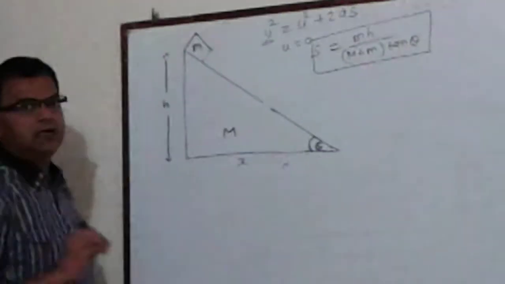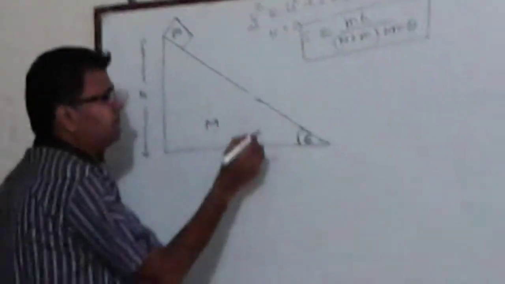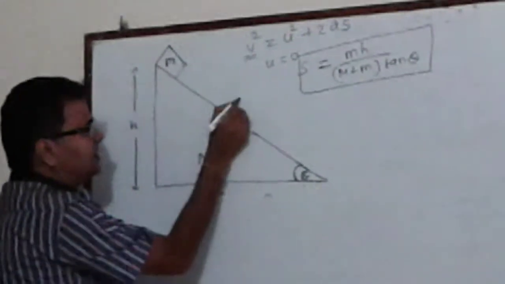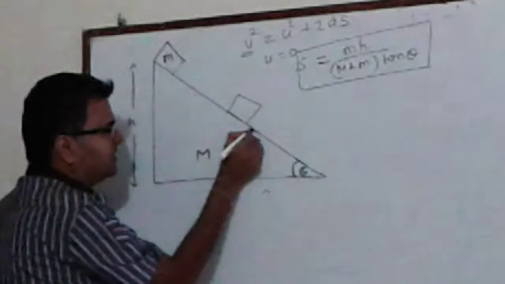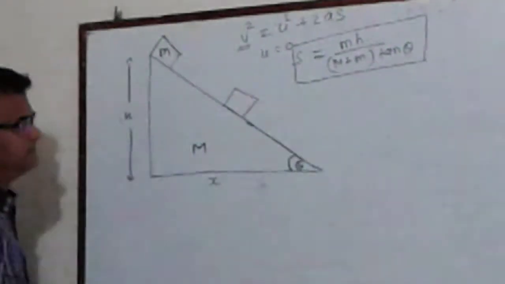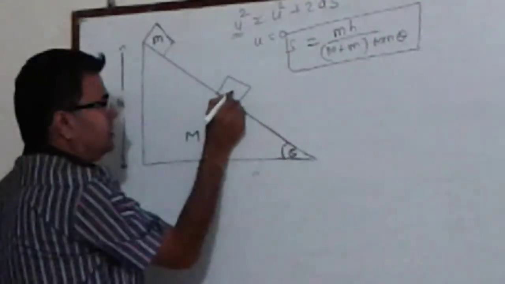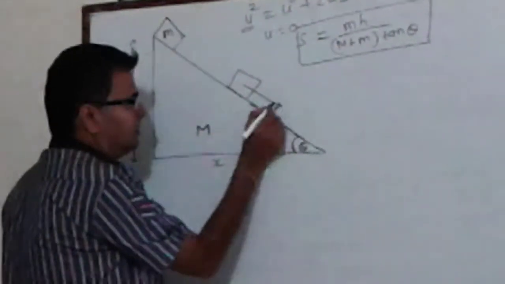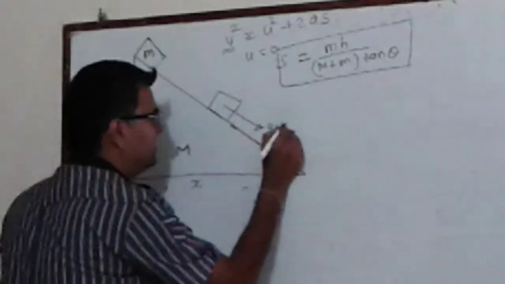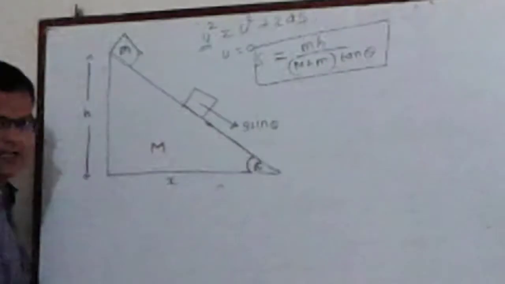Now let us try to understand some sign conventions. Let us take v as the relative velocity of this block as it slides down. So the acceleration of this block is g sine theta in the downward direction.